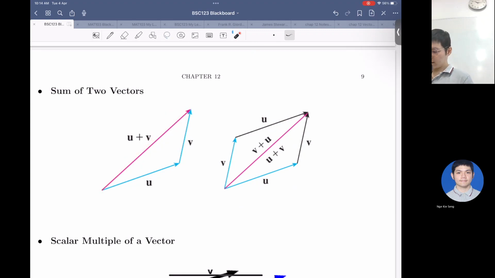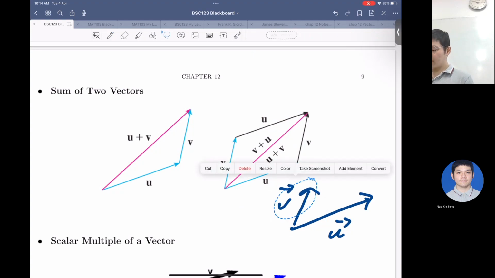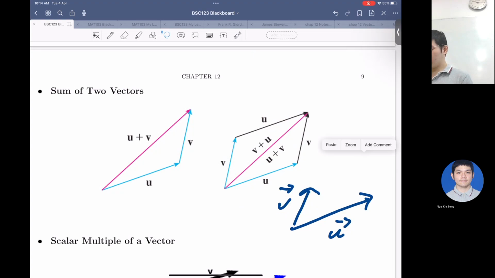Resultant vectors. Okay. And if they are not connected, how do you add these two vectors together? You can move your v, because they are the same vectors, anywhere. In this case, you can do your addition.